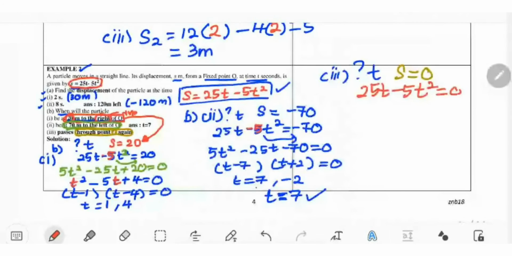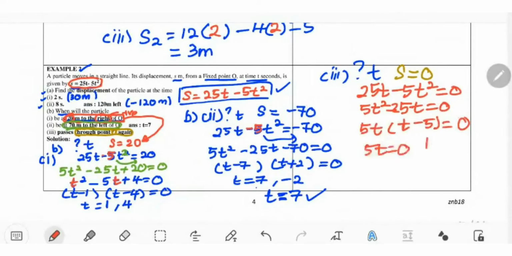And then this one, 25t. Factorize, t minus 5. So you have 5t and t equals 5. T is 0 and 5. So you have two values of t here. Are both answers accepted? No, teacher. What is your answer? 5.